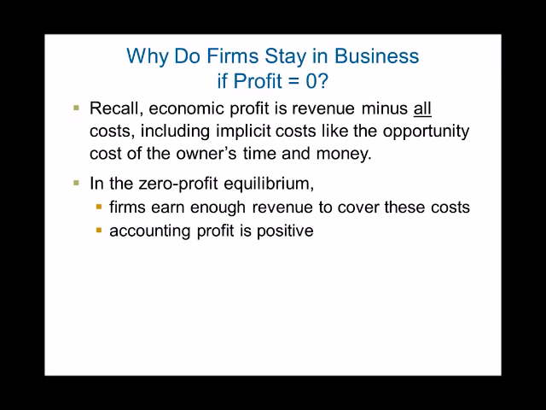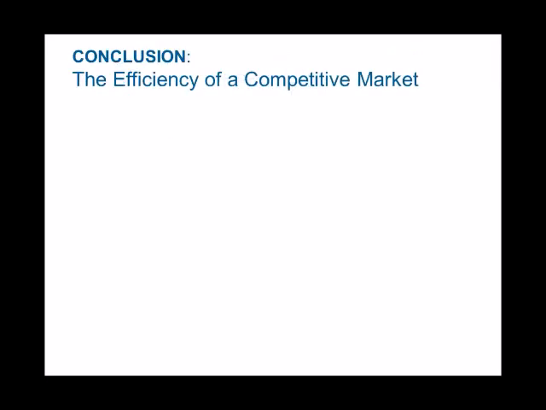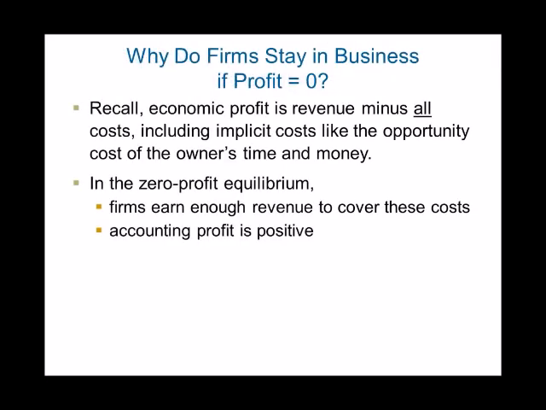Accounting profit is total revenue minus explicit cost. Economic profit is zero, meaning total revenue minus the explicit and implicit cost equals zero. So you can have positive accounting profit, but your economic profit will be zero because the accounting profit you're earning is enough to cover the cost of the owner's time and money that the owner invested into the business.